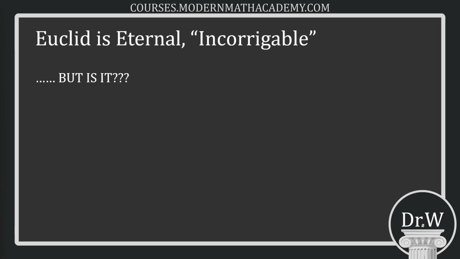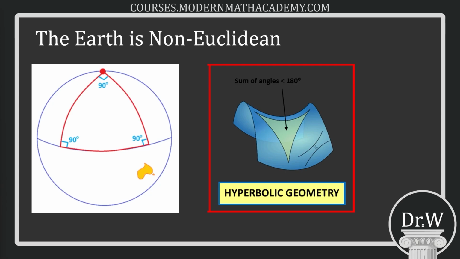But is this always true? As it turns out, it's not. So here are 2 very simple examples. The Earth is not Euclidean. So we can look at this example here. We start at the North Pole, at the top of the sphere, and walk down to the equator. When we're at the equator, we make a left and keep walking until we are 1/4 around the Earth.